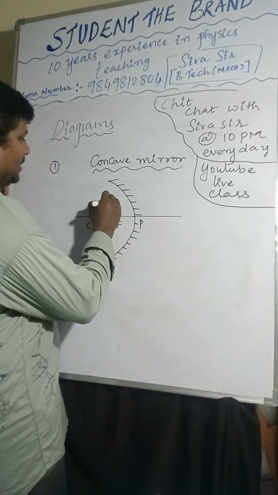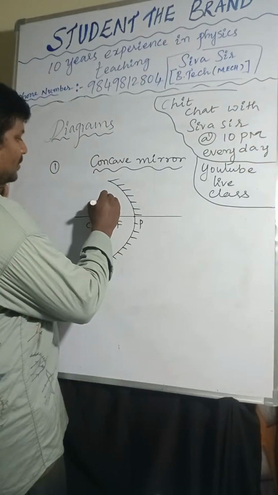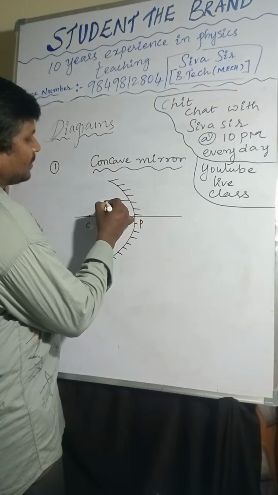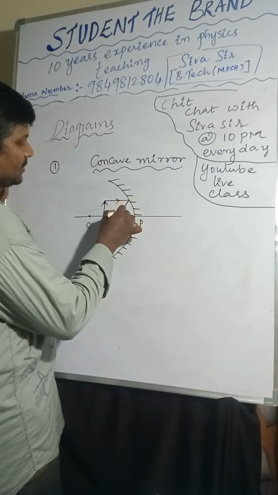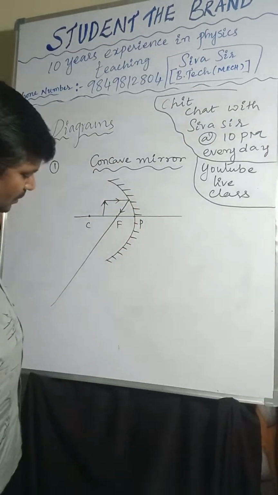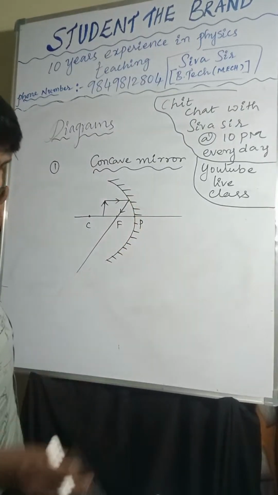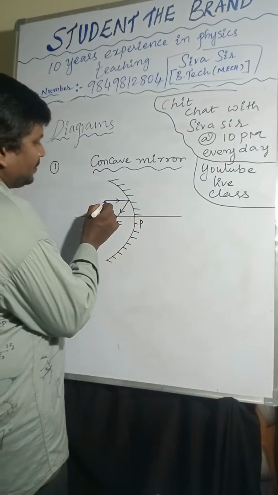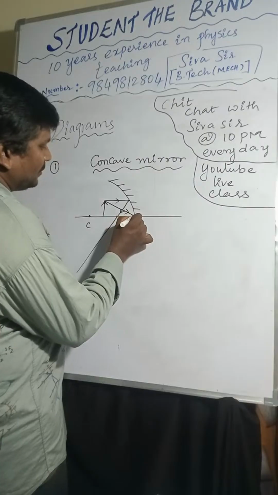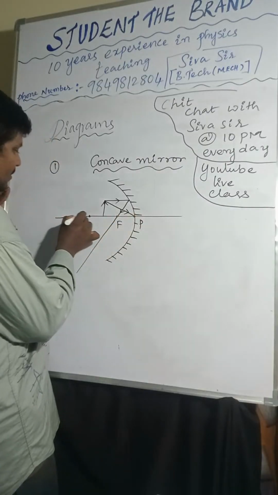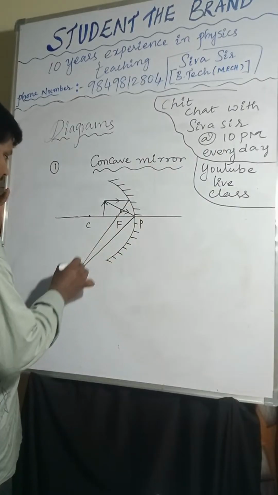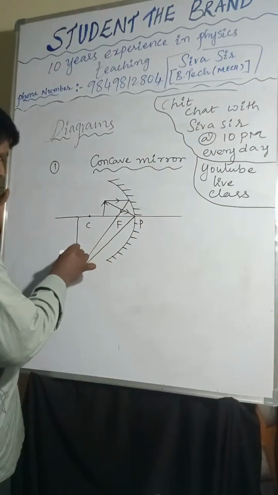One light ray I am taking here, from the tip you have to take. Next, it will pass through the focus. Don't take it beyond the point. Next, I am incident at the pole from this itself. So these light rays are meeting here.